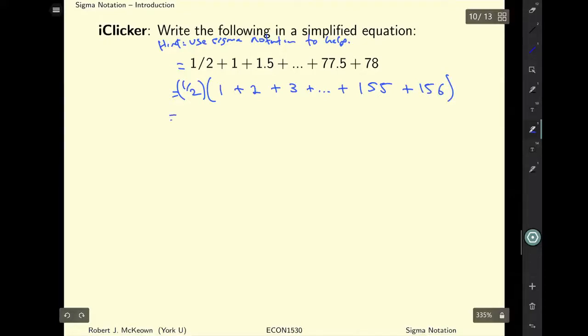Once we've done that, we've got the 1/2, and we could write this as a sum if we wanted. Maybe we're not going to need to use.